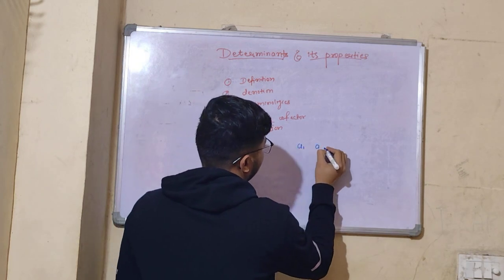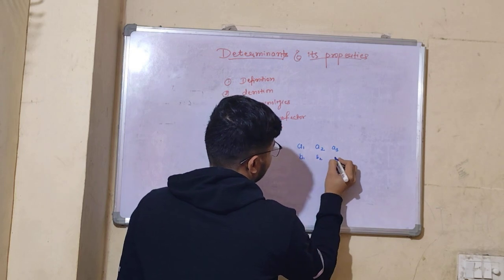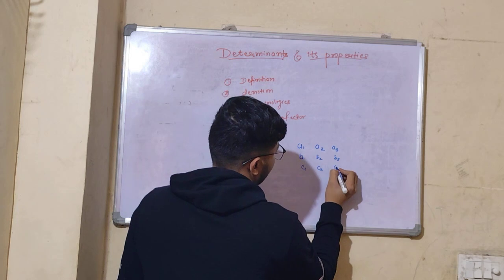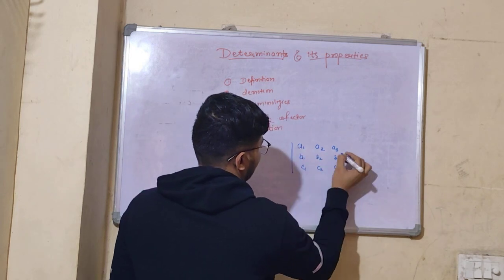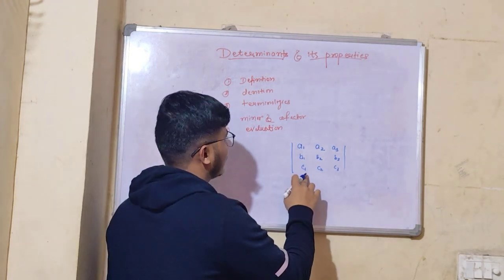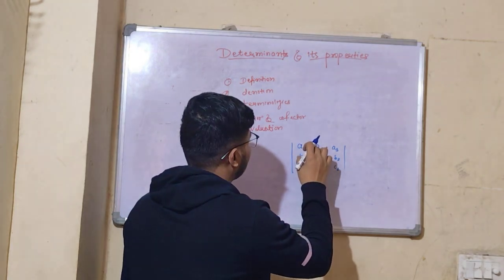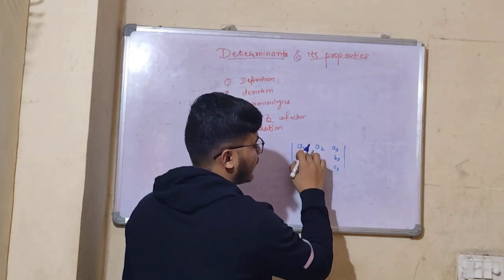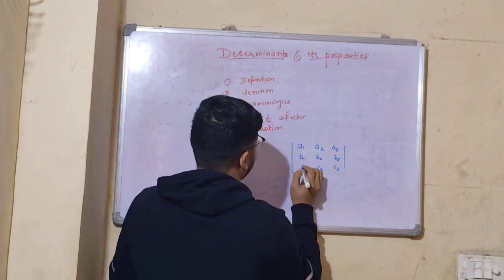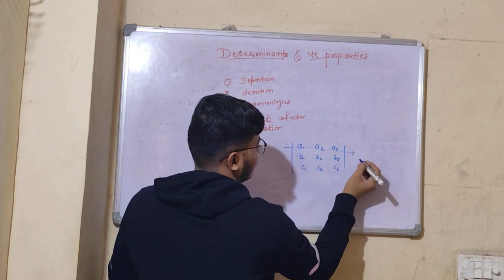Suppose we have these elements. This is how we basically denote it. So that's why I am using these terms. We can denote the elements in place of this, anything we have to use. So let's say I want to calculate the determinant value using this row.